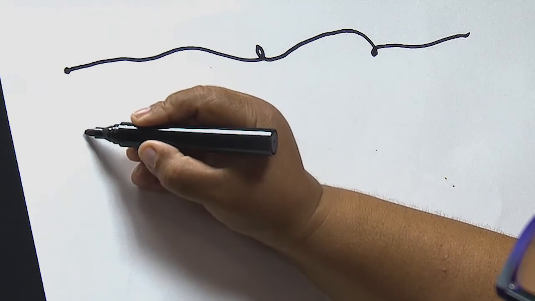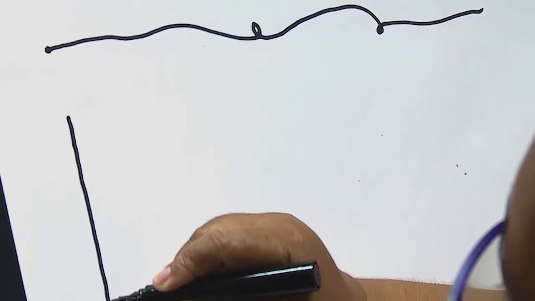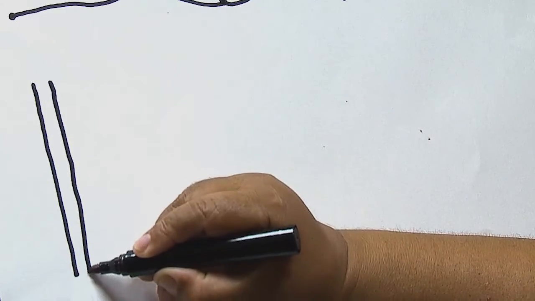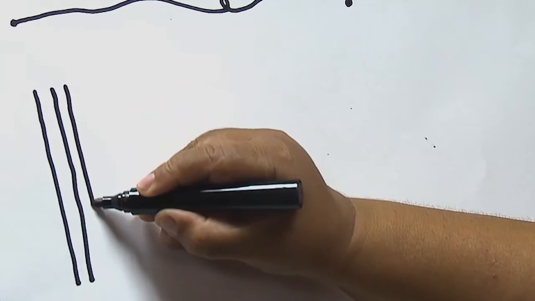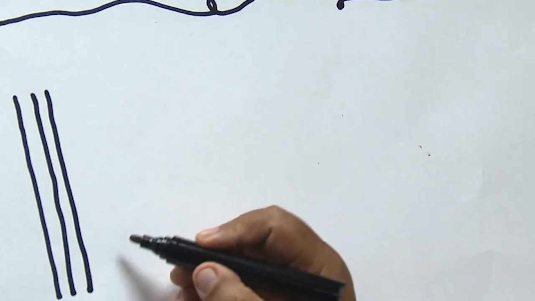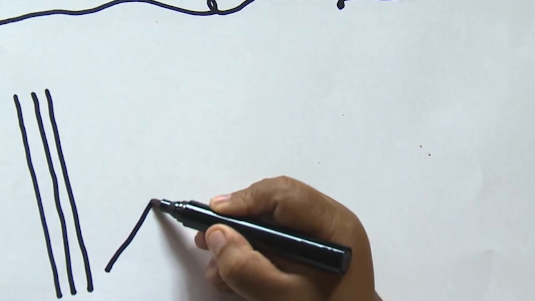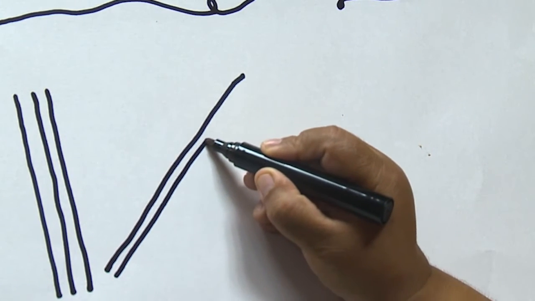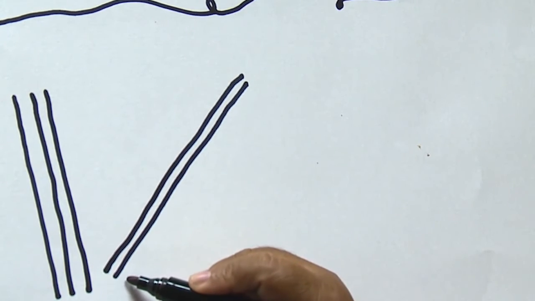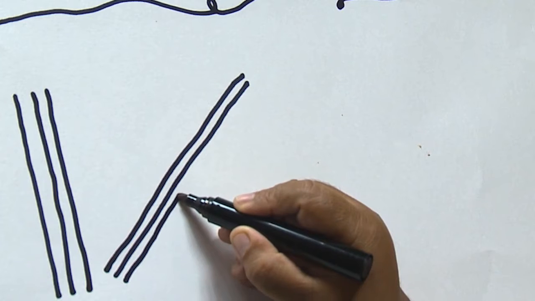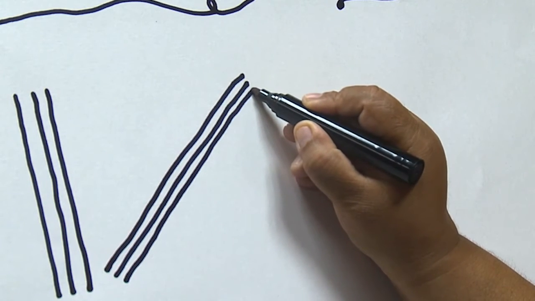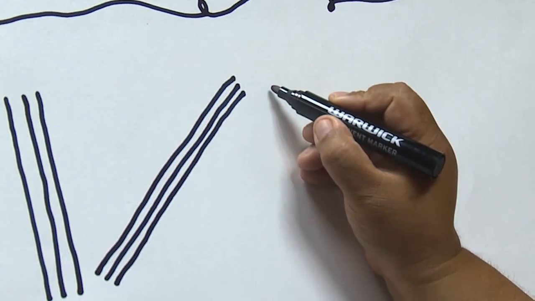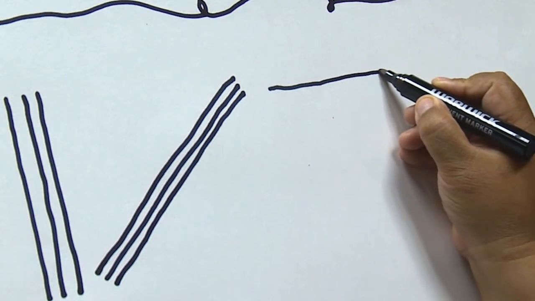Lines can be vertical, parallel, diagonal, or even horizontal.